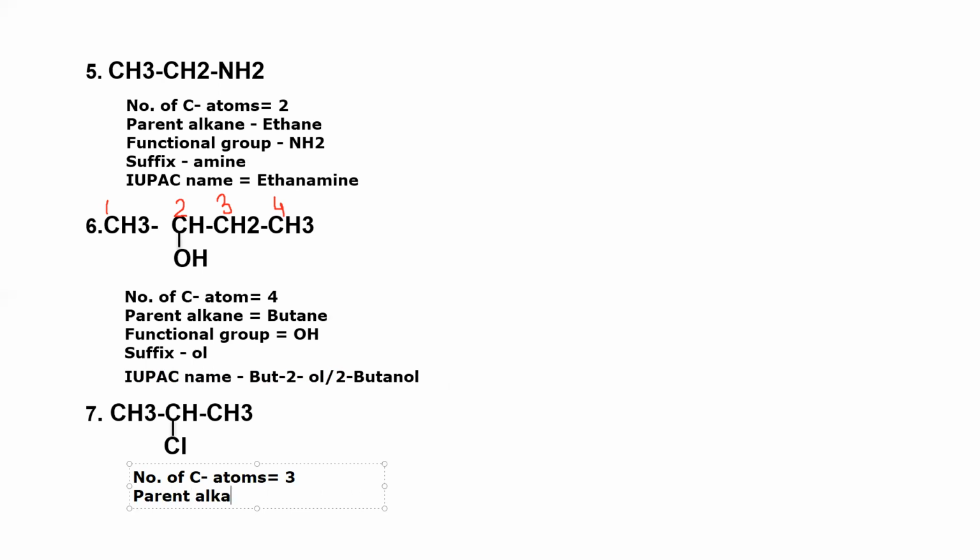If 3 carbon atoms are there, propane. Okay. The functional group present is chlorine, Cl. If chlorine is present, then we have to add it as a prefix, right?